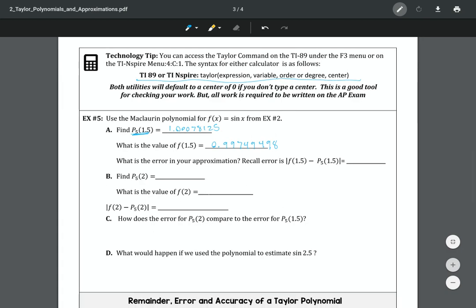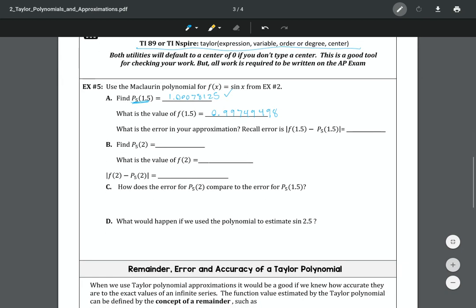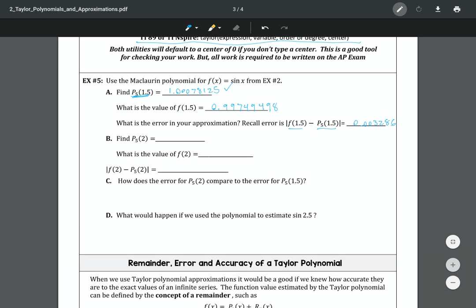Now the approximate answer is up here. If you want to know what the error in your approximation is, you would just have the actual minus the approximation, and you take the absolute value of that. Okay, so same thing on the second one.